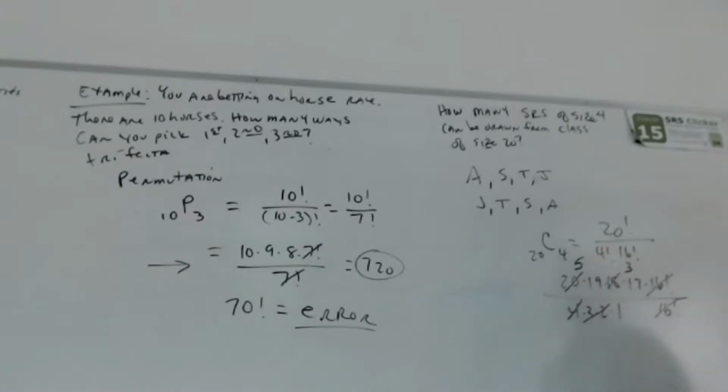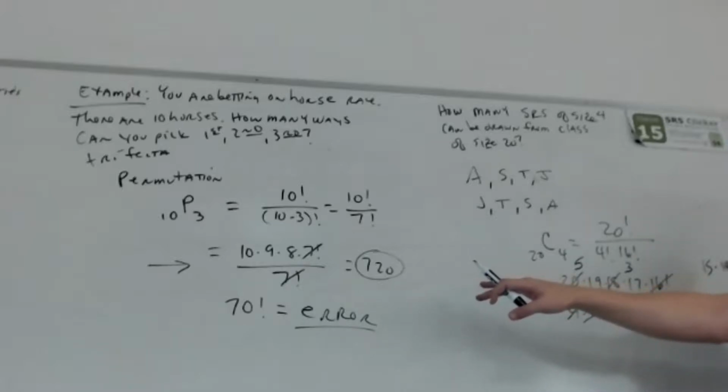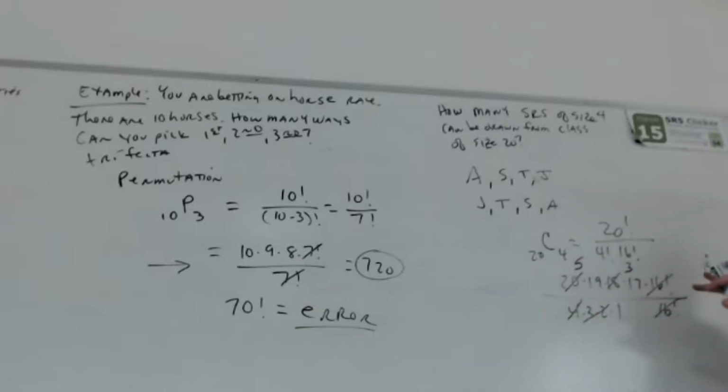So this gives me 5 times 3 is 15, so this is really 15 times 19 times 17, okay? That can be very useful especially if I have a number bigger than, say, I don't remember where your calculator breaks. It's around 55, I think, or somewhere around there. So if you can do this little technique, then you can still use your calculator. I'll make sure to give you a factorial greater than 50 tomorrow on the quiz. And then you can plug in 15 times 19 times 17, which is 4845.